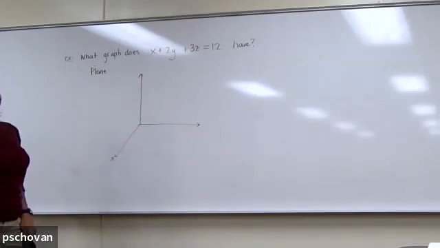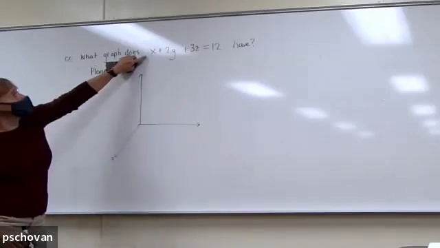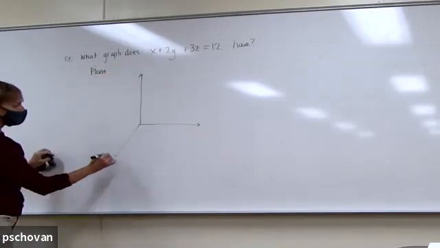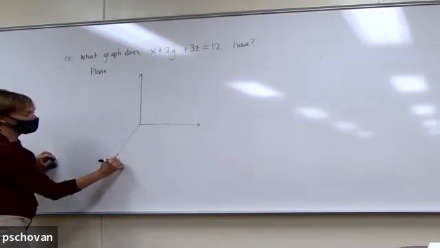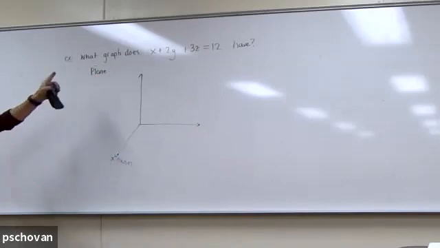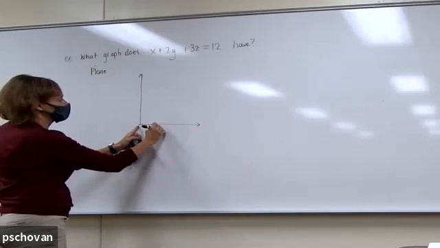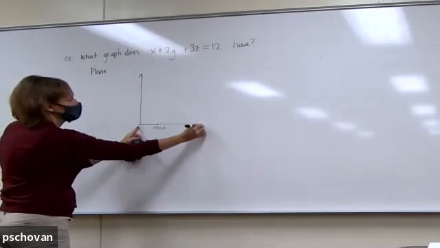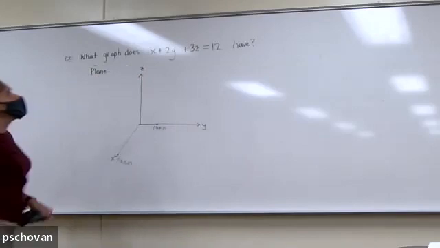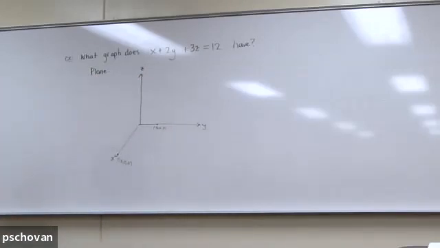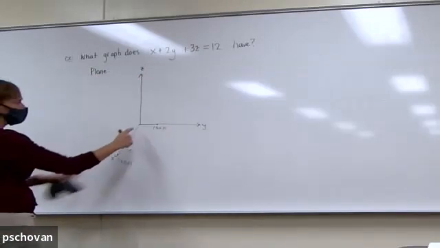I'm going to get the intercepts. When y and z are 0, x is going to be 12. When x and z are 0, y is going to be 6. And when x and y are 0, z is going to be 4.